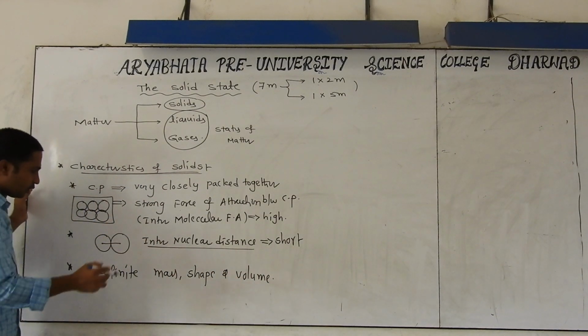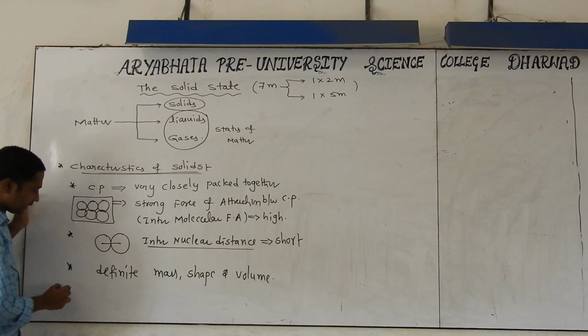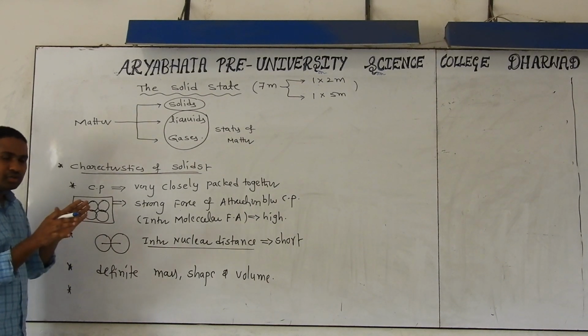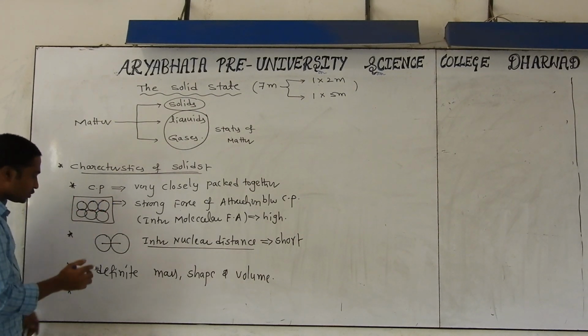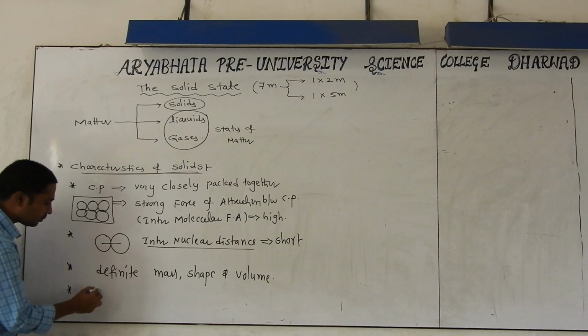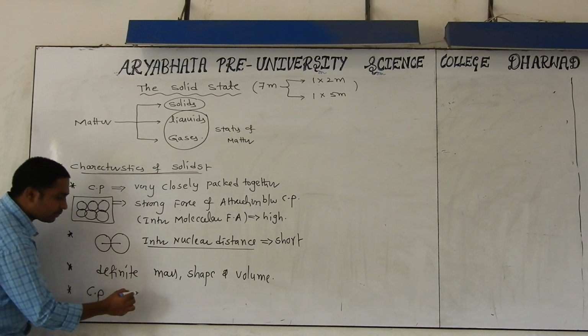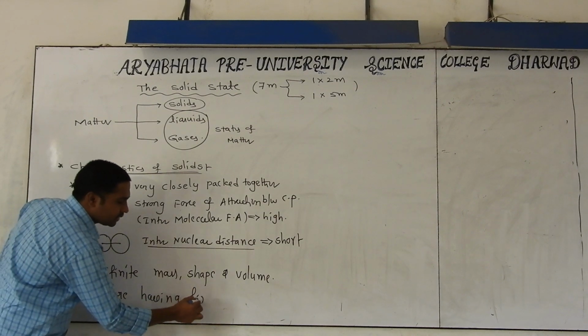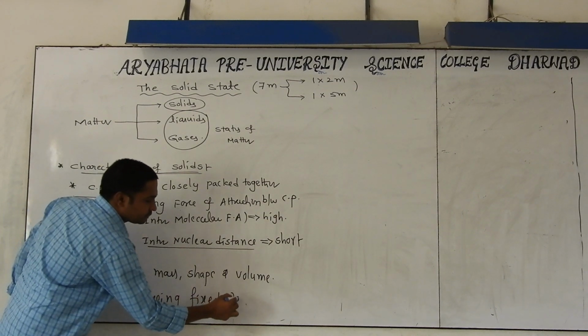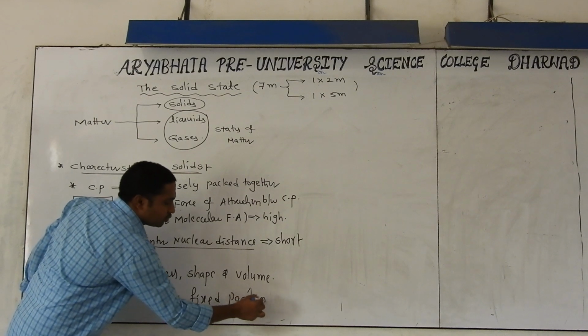Okay, and we have to discuss one more point. In solid matter, do the constituent particles have any moving nature? No. In solid matter, the constituent particles have fixed positions, so they can't move.